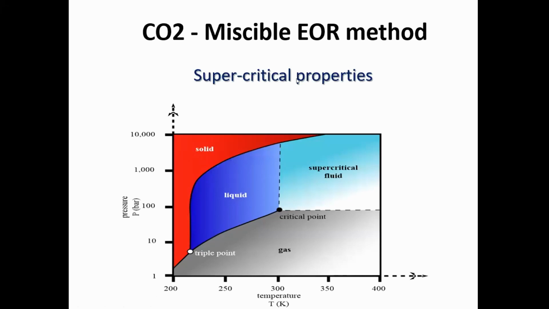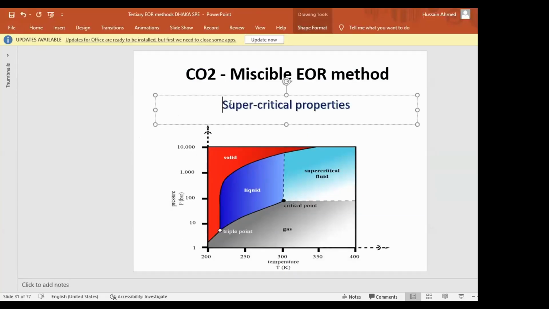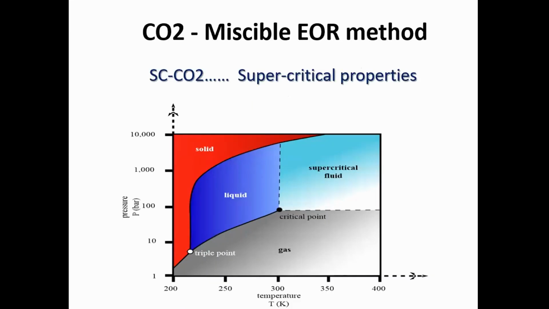Sometimes they write it in certain books as SCCO2, like this. Supercritical CO2. And supercritical in CO2 means it can almost look like a liquid, but not 100% a liquid, a cloudy thing.